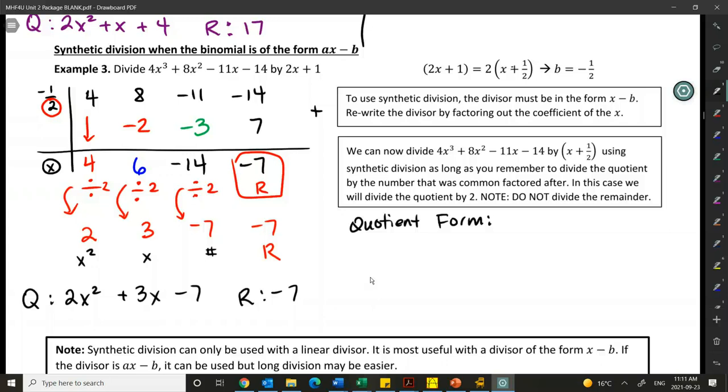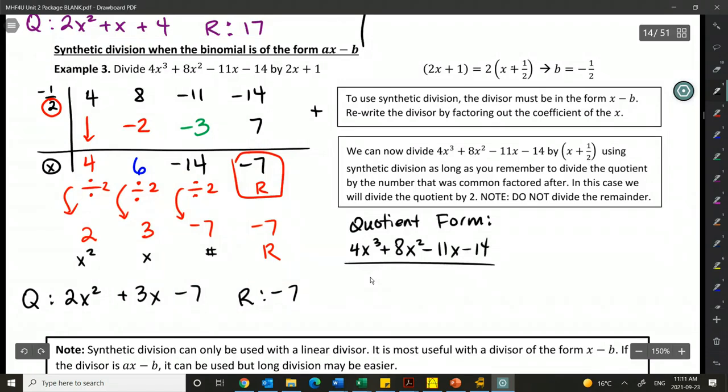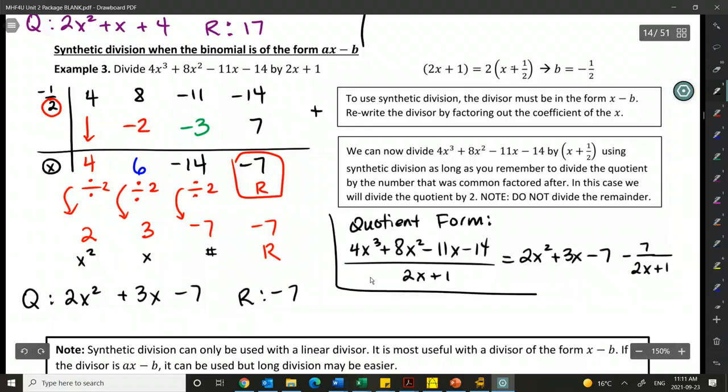So you have the 4x cubed plus 8x squared minus 11x minus 14 over 2x plus 1 equals 2x squared plus 3x minus 7 minus 7 over 2x. Great. That would be quotient form.